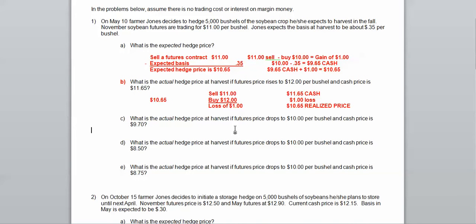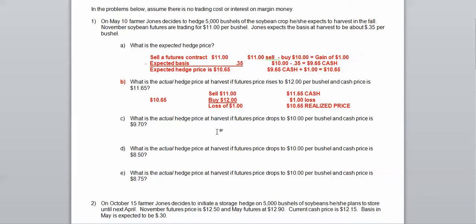What is the actual hedge? Just exactly what we predicted, by the way. We predicted $10.65, and that's what it was. What's the actual hedge price at harvest if futures price drops to $10 and cash price is $9.70? Okay, we predicted a basis of 35 cents. A basis in this case, the difference between $10 and $9.70, is 30 cents.